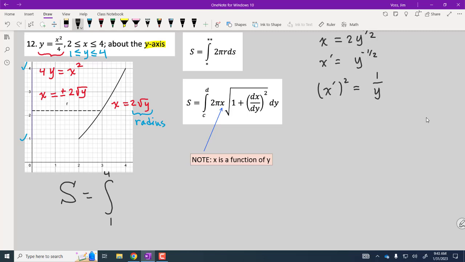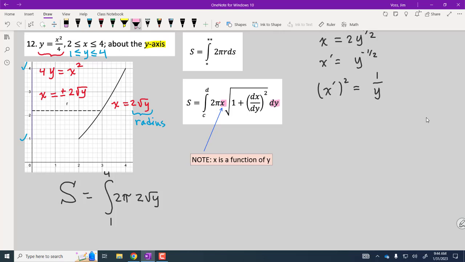We're integrating with respect to y. And then we have our 2 pi times the radius. So this x value right here is measuring the radius. So that's 2 times square root of y. That's the radius. That is this x right here. So notice in this formula here, this is the radius.